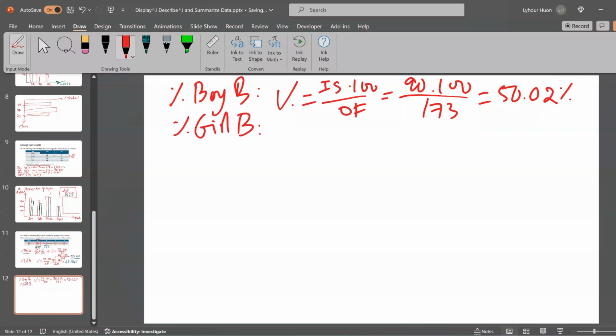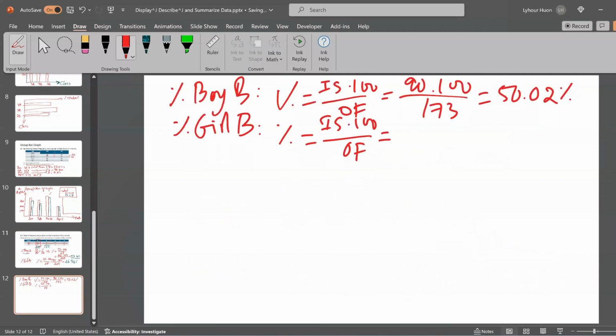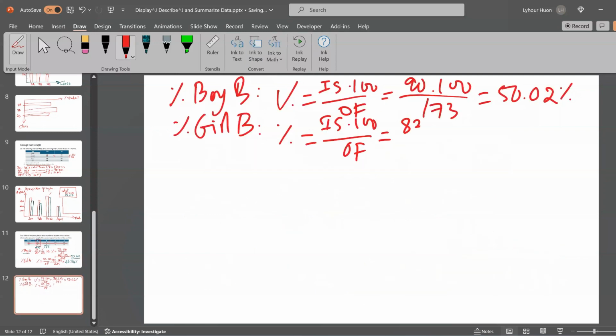Now we have the number of boys and girls for B. This will be a little bit hard. The percentage again will be is over of times 100 divided by all, and then the girls: 83 times 100 divided by 173.